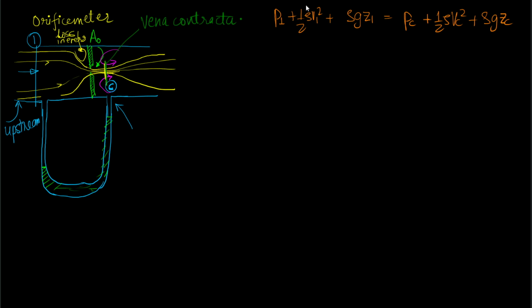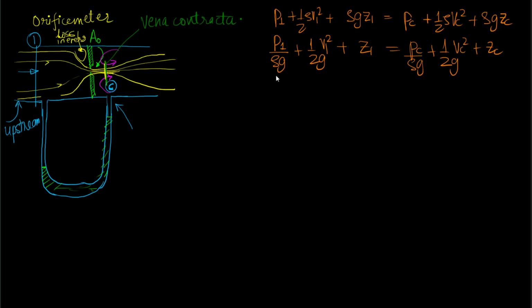We can divide everything by rho g, so that we have P1 upon rho g plus 1 upon 2g V1 square plus Z1 is equal to PC upon rho g plus 1 by 2g VC square plus ZC.